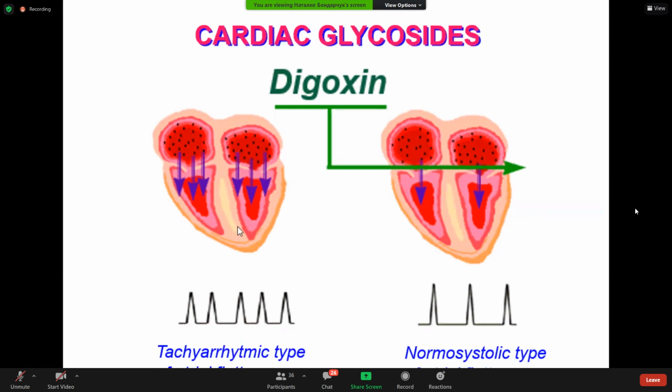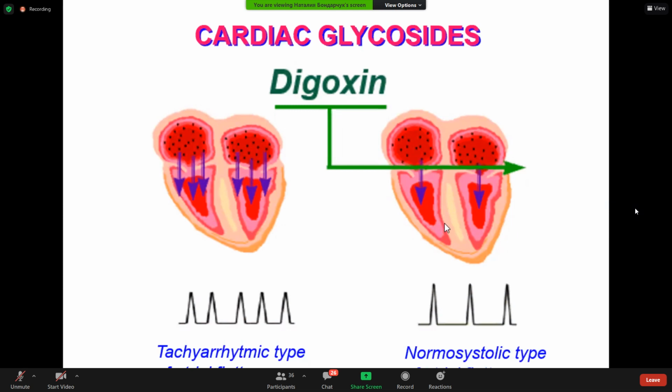So we use digoxin in the treatment of the tachyarrhythmic type of atrial flutter, when many impulses go to the ventricles from the atria, and conversion of this tachyarrhythmic type of atrial flutter to the normosystolic type of atrial flutter, when there will be rapid contractions of atria, but still normal frequency of contraction of ventricles.